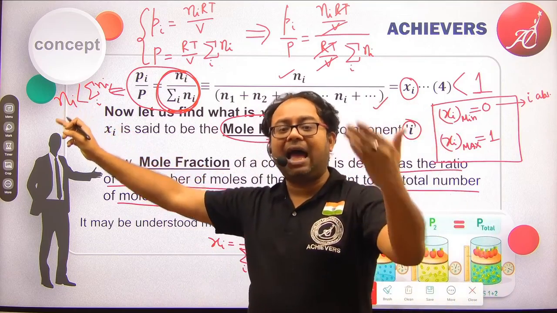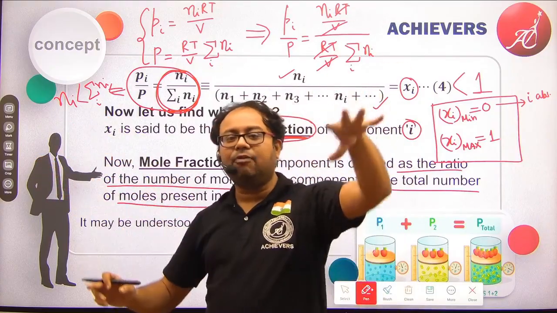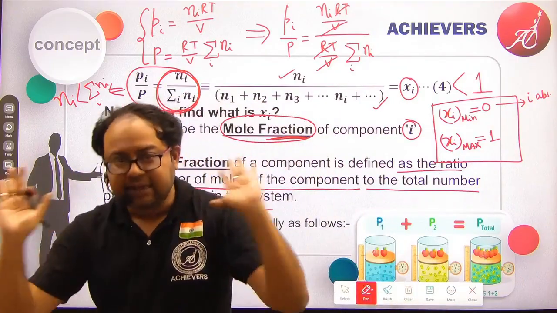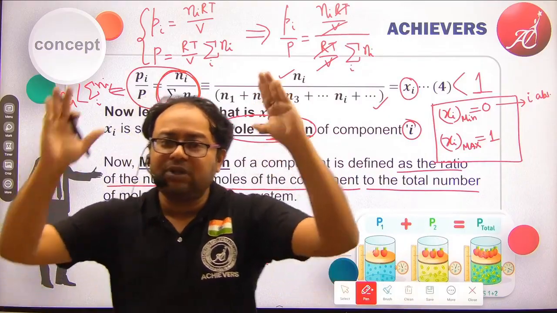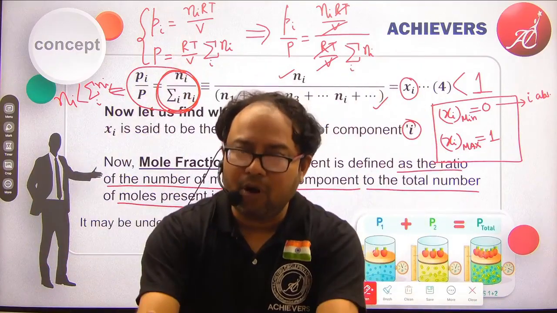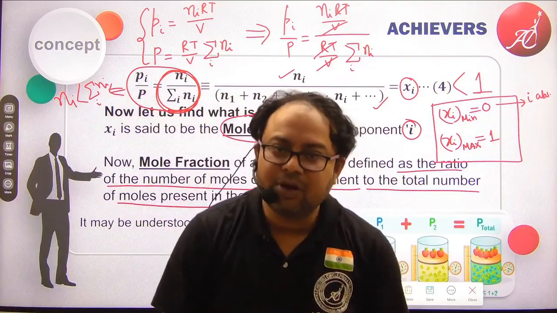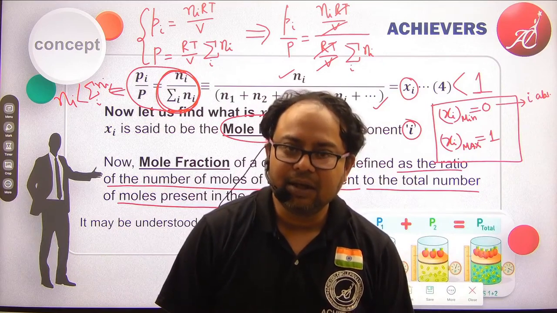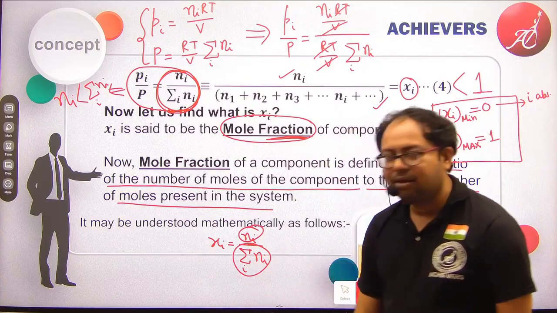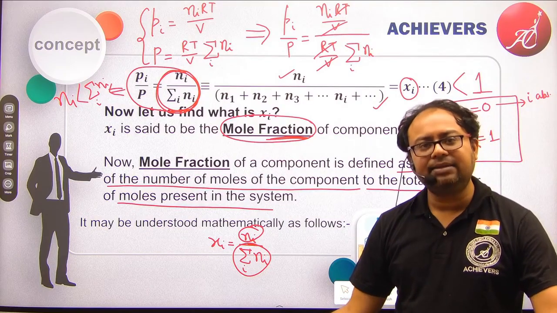In the ideal case, if you have more than one gas, then the number of moles of a particular component is ought to be lower than the total number of moles. But if you just have a single substance and no other substance, then the number of moles of that substance is equal to the total number of moles.